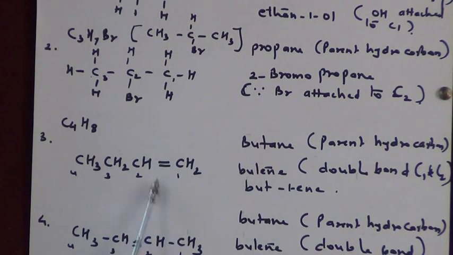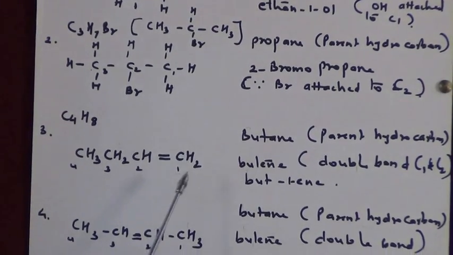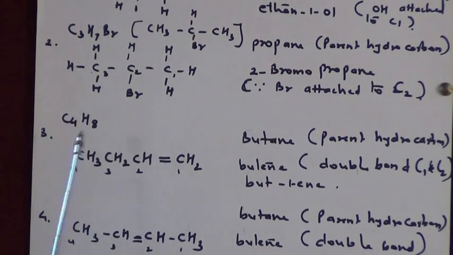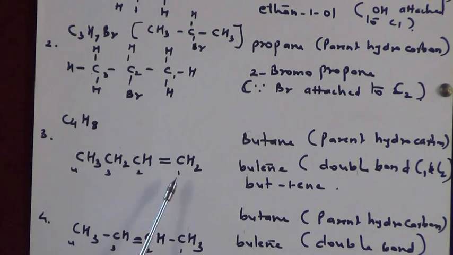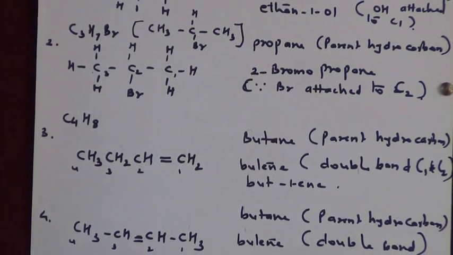The location of the double bond is between carbon 1 and carbon 2. So we select the lower number and hence we write the name of this carbon compound as but-1-ene. We also call it butene. Again, while numbering the carbon atoms, we start numbering from the carbon atom which is closest to the double bond or the triple bond.